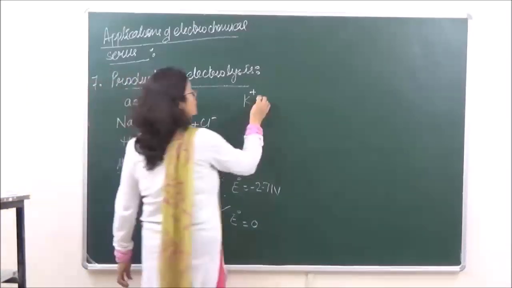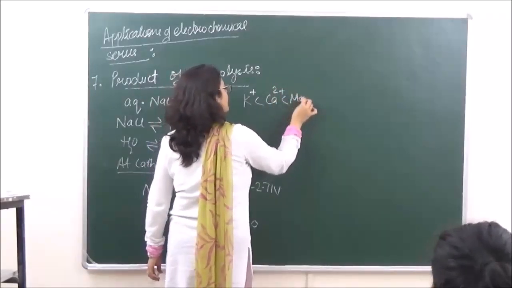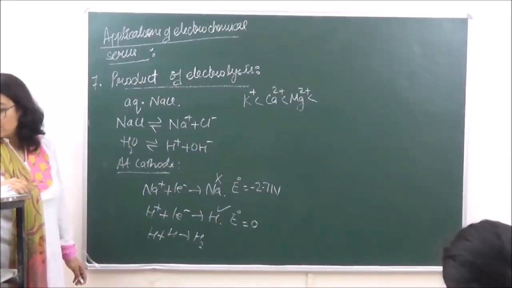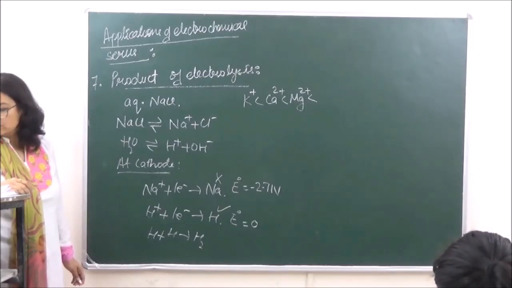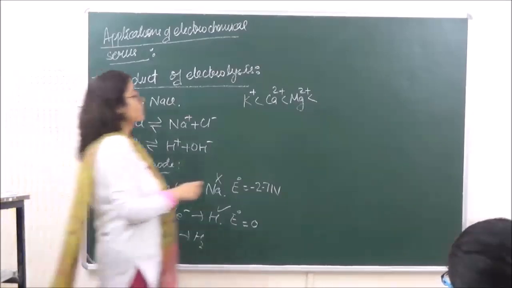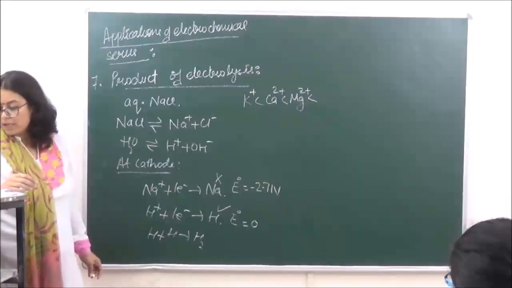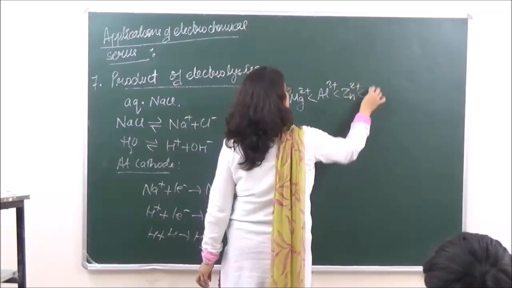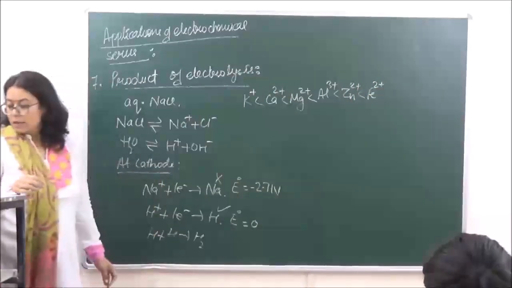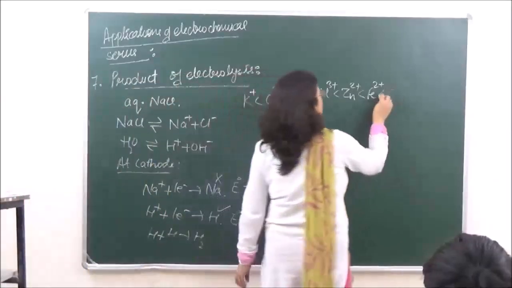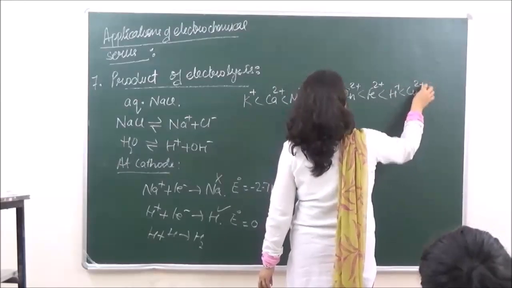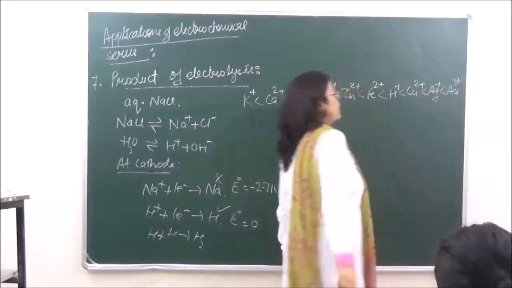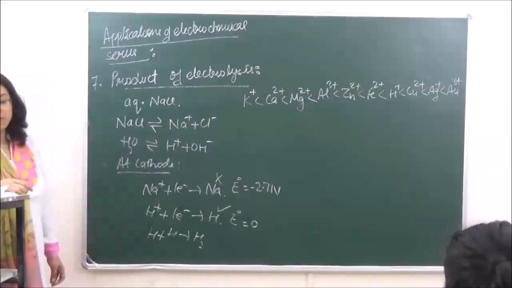Potassium is the lowest, then calcium, magnesium, then we have aluminium, zinc, Fe2 positive, and then H positive, and then Ag positive and Au3 positive.